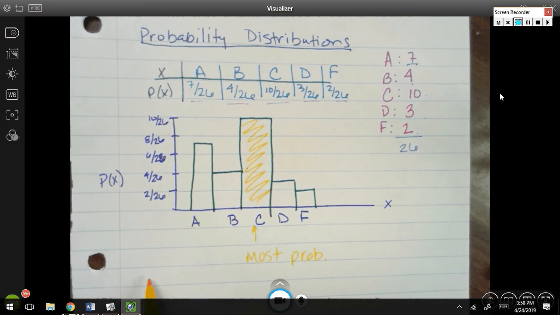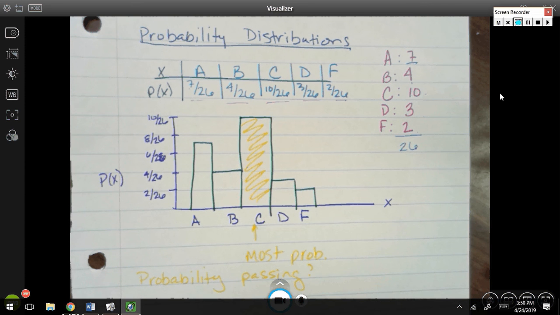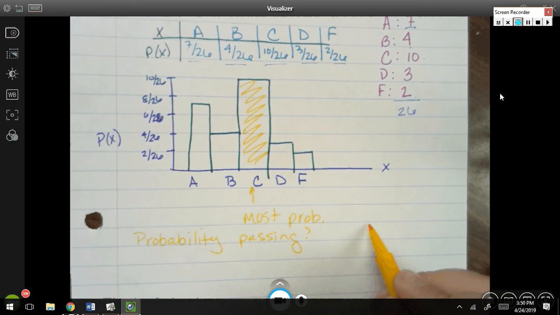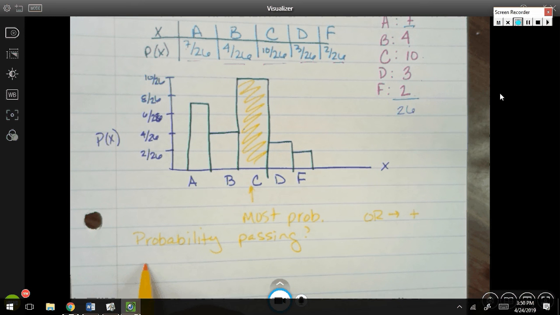What if I wanted to know the probability of passing, maybe? Okay, so if we're looking at a D or better, and notice I used the word or, and remember when we're talking about or, we're talking about adding, right? So what's the probability of making an A or B or C or D?